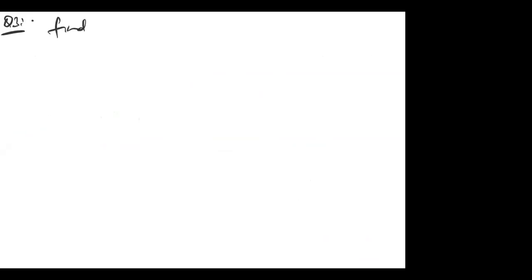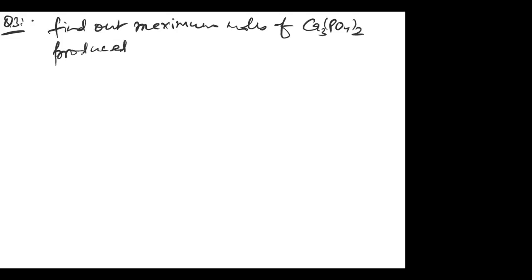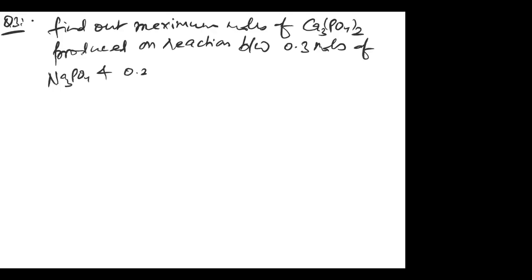Find out maximum moles of calcium phosphate produced on reaction between 0.3 moles of Na3PO4 and 0.2 moles of CaCl2.